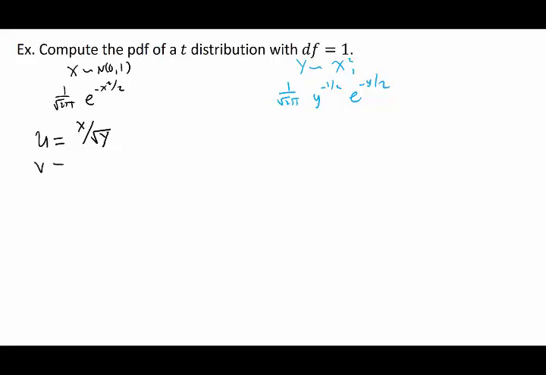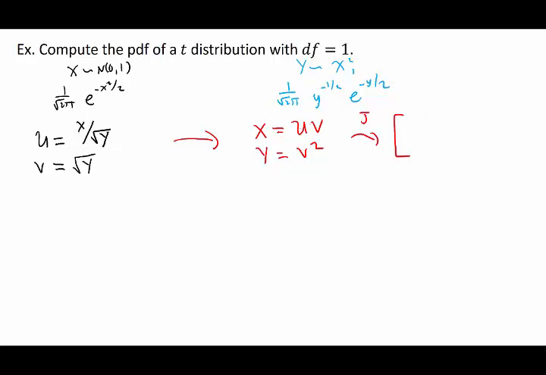And the second random variable V is defined in such a way to make it easier to work with U. So in this case, we're going to define it to be the denominator of U. Now, to see why that's helpful, let's look at the inverse transformations. Because I've defined V to be the denominator of U, I can now write X as a simple product of U times V. And I can write Y simply as V squared, which in turn, if I take the Jacobian matrix of that, I'm going to get a pretty simple matrix.